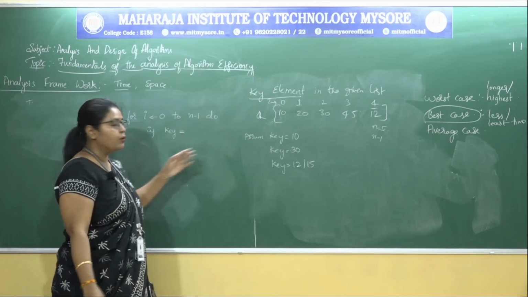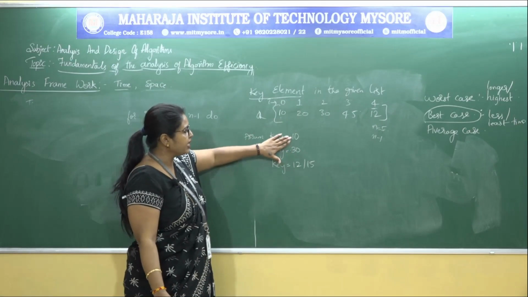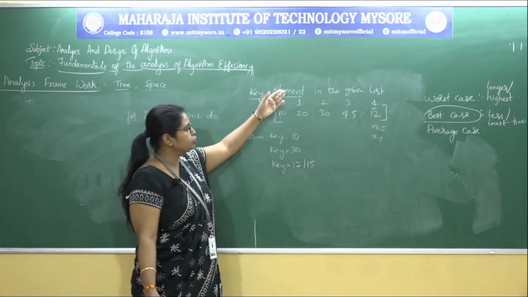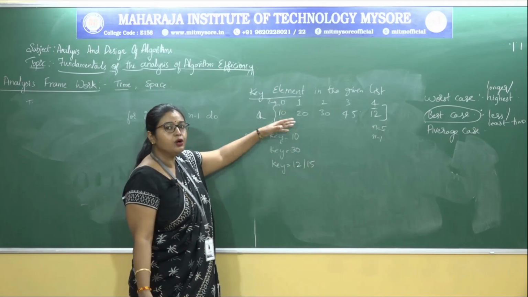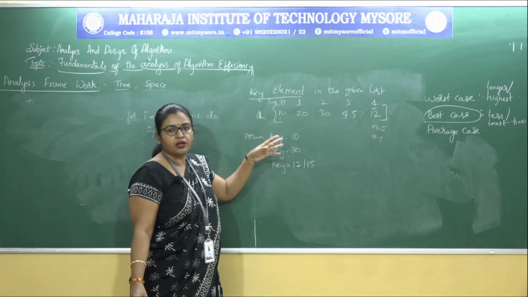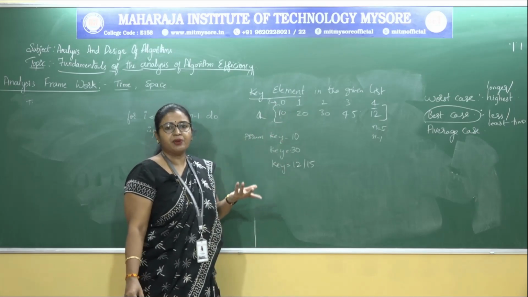To find out whether my key element is present in the array, we need to do a comparison operation, whether it is equal or not. If it is equal, the element has been found.